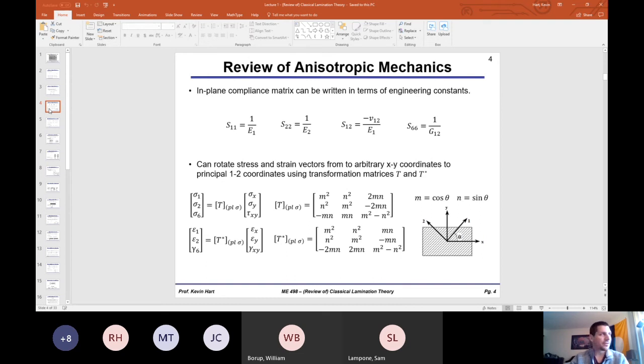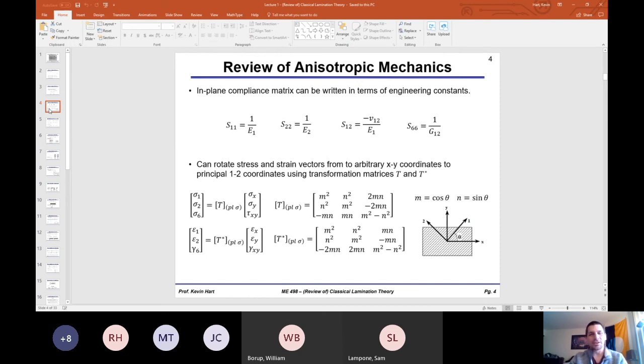That's all good if our loading axis and our material axes are coincident. Typically we talk about the one direction, no musical jokes implied here, being the direction of the fibers, and the two direction being across the fibers.